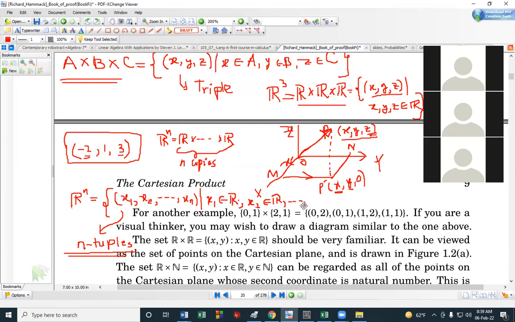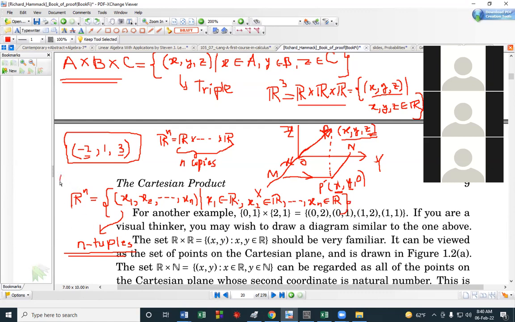And similarly, my xn is also any real number. That means we are taking the Cartesian product of n copies of the real numbers.